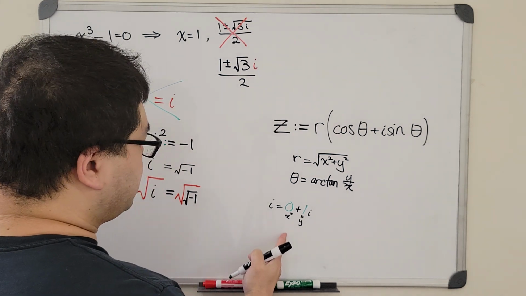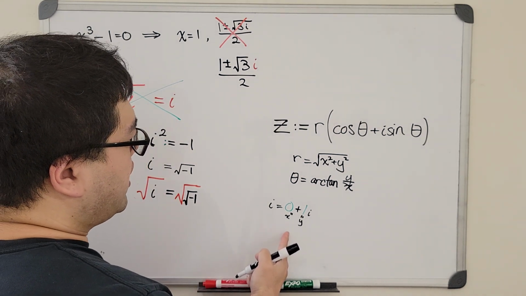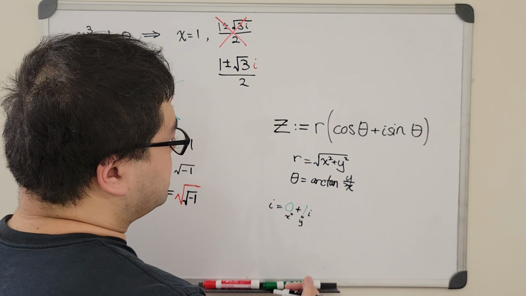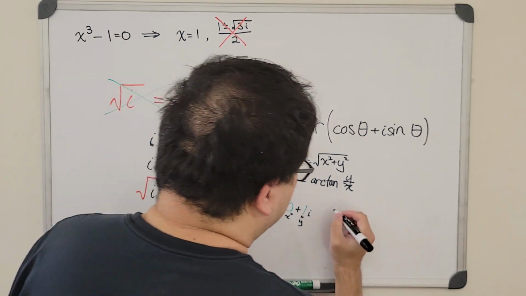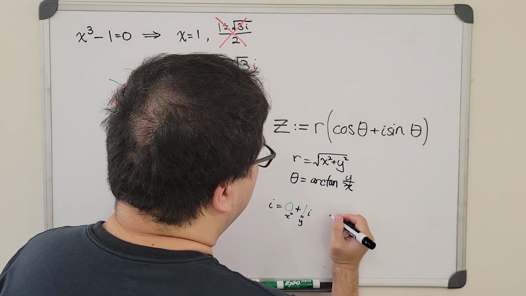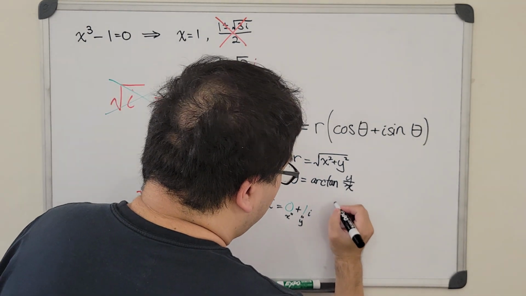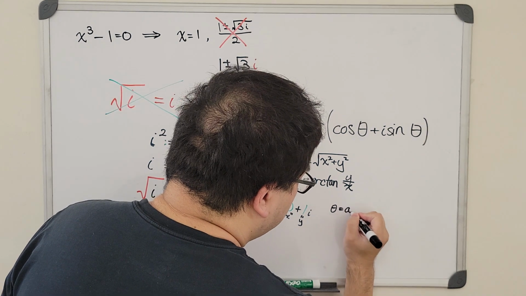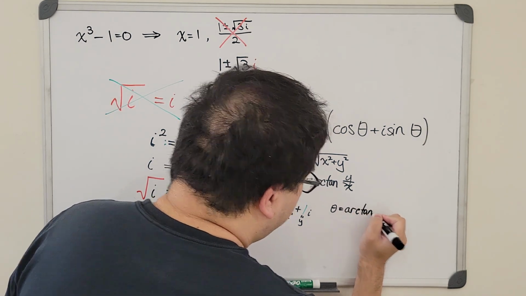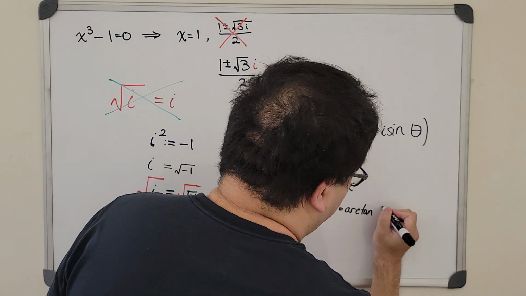So in this case, theta will be the arctangent of y is 1 over x is 0.